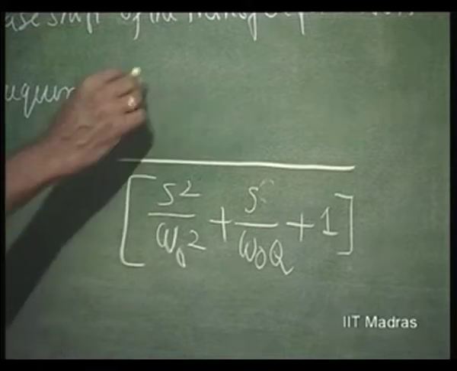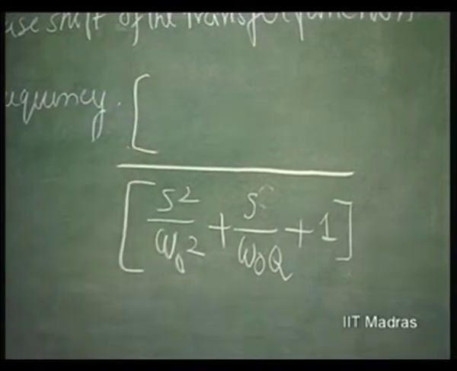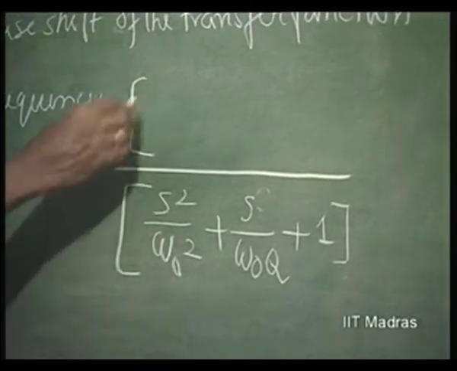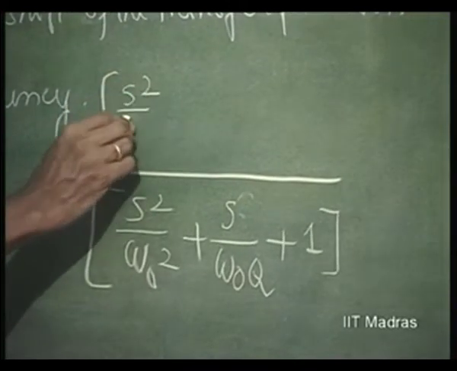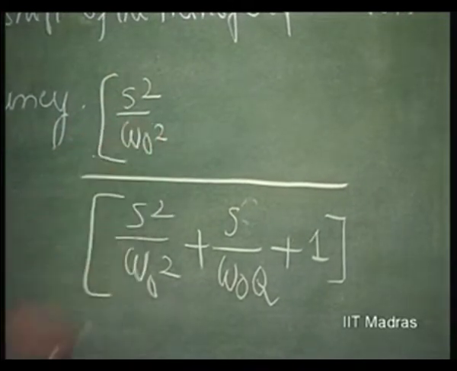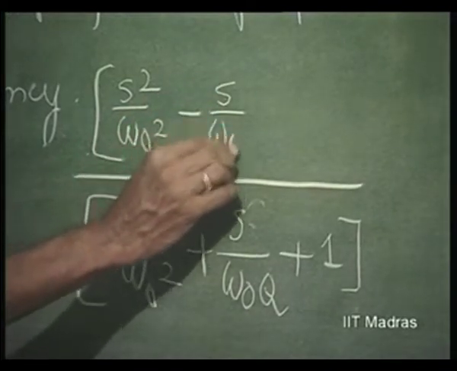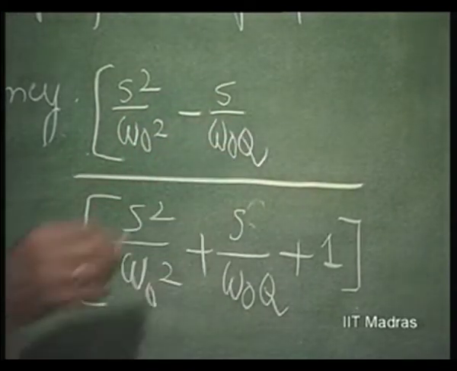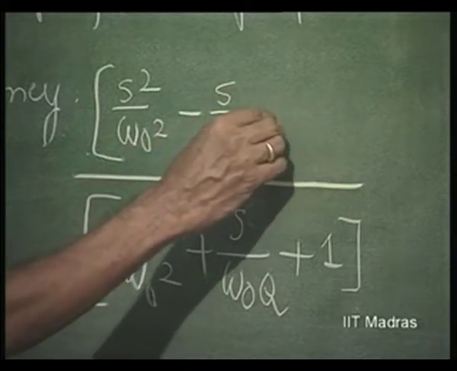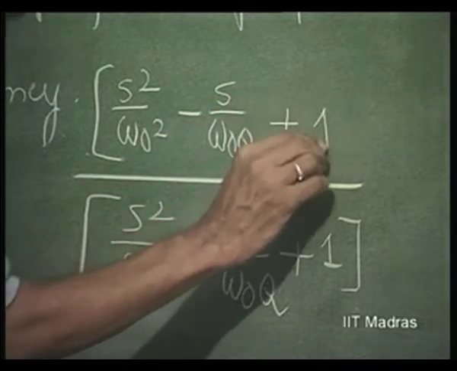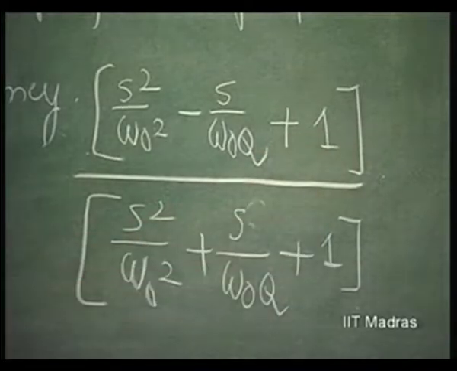So, numerator now for all pass, that means all the frequencies should be transmitted, but there should be only phase shift. So, only sign wise it will change, the coefficients will be exactly same or of the same ratio, right. So, this is an all pass transfer function.